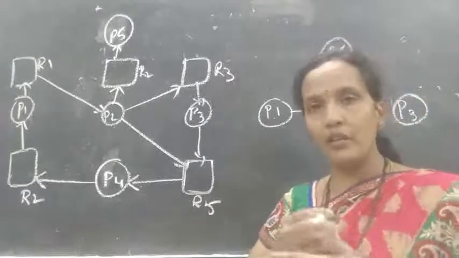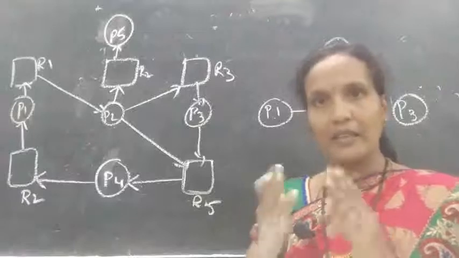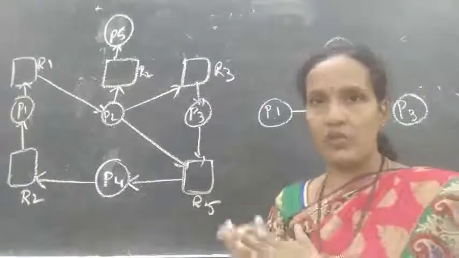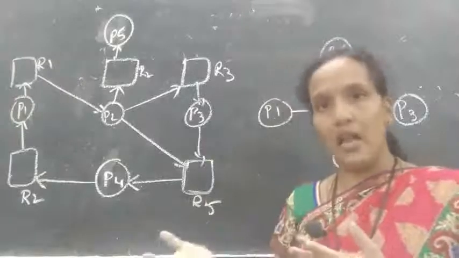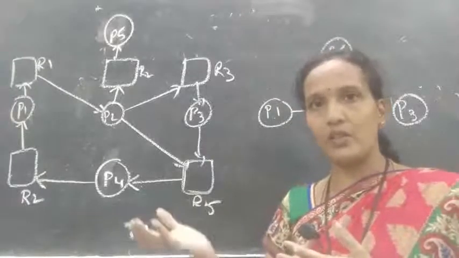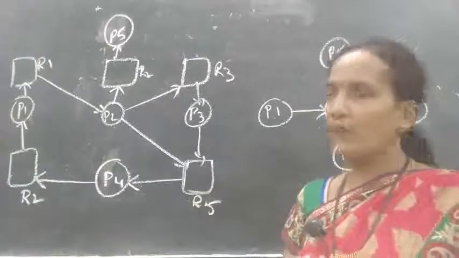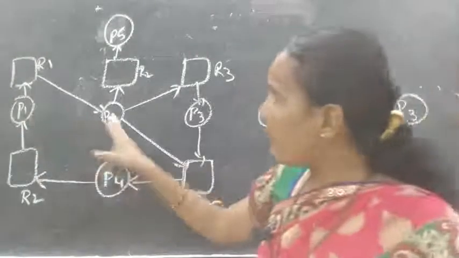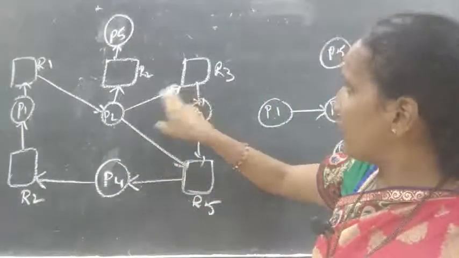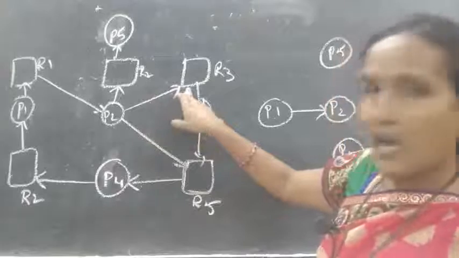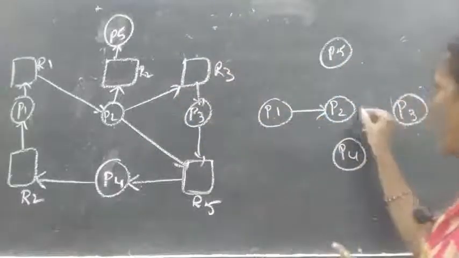Means you can remove all the resources and the connections between a process and the resources. If one process is holding some resource and waiting for another resource which is held by another process, in that case a direct edge you can get. Okay, so in this case, you can see P2 is requesting for R3 and this R3 is with P3. So a direct edge you can give.